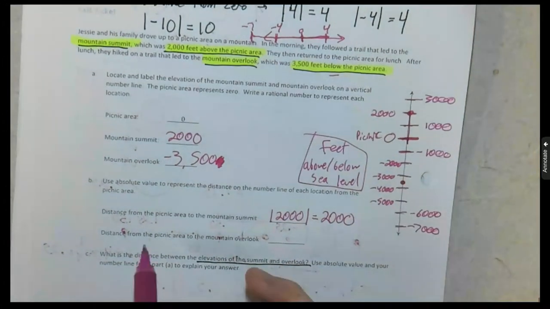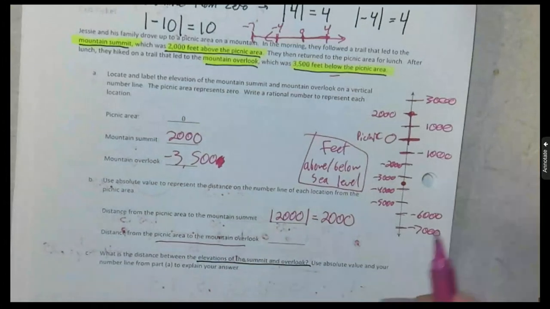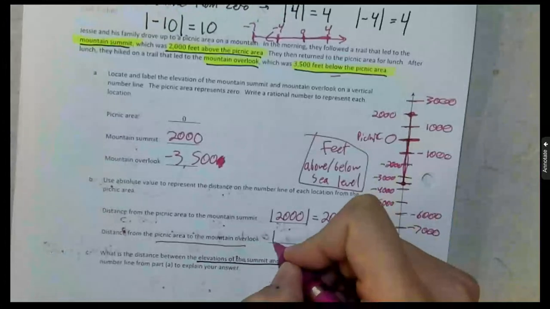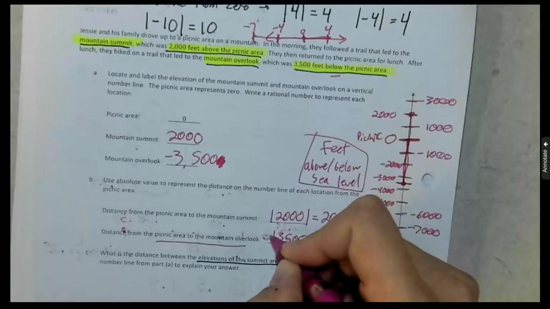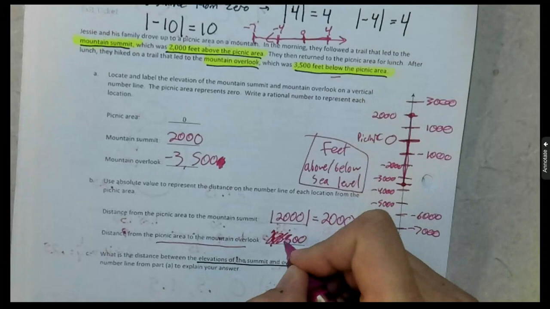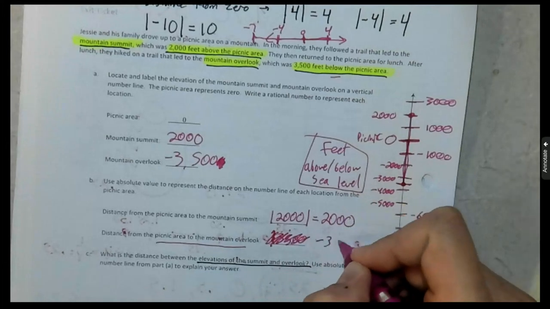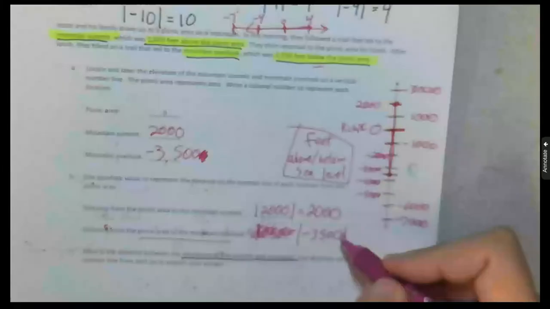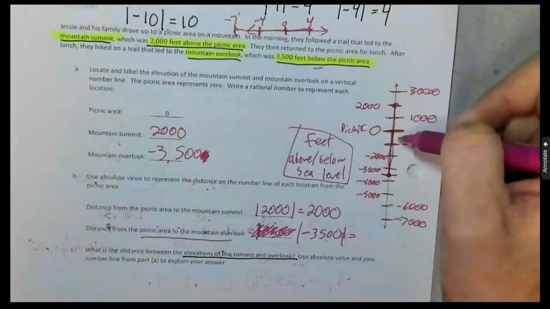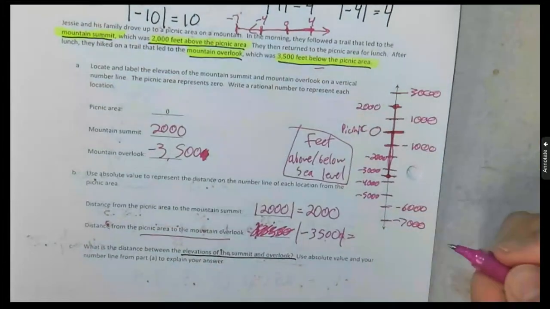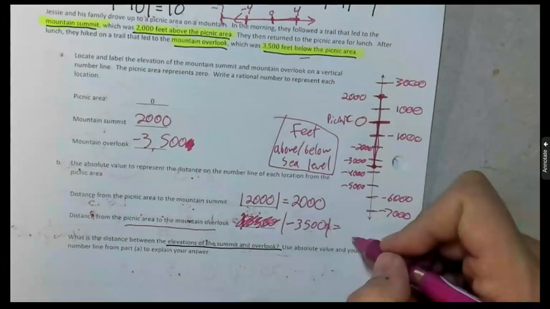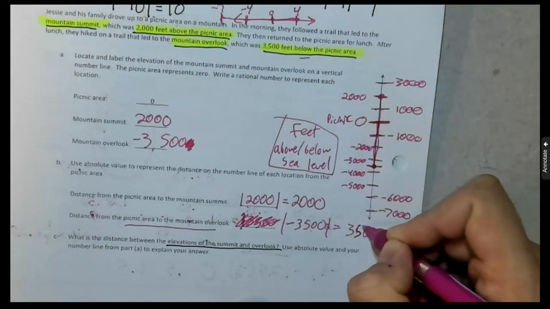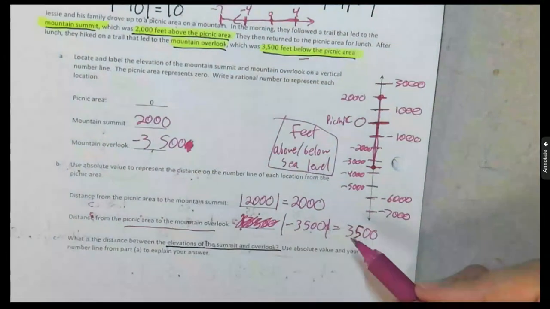Then from the picnic area to the mountain overlook, we're finding the absolute value of negative 3,500. We're going below sea level, but we're still traveling a distance. You don't go negative miles per hour when you're driving backwards. So the absolute value is 3,500. It's just a positive version of that number.